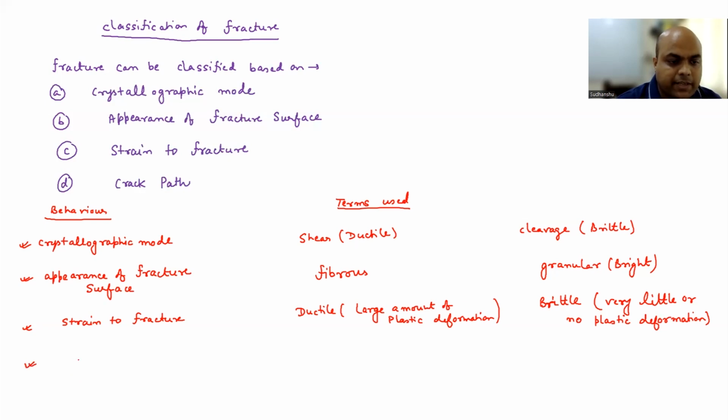And the last one is crack path. So you already have generated a crack. Now how is this crack propagating under applied stress? That will determine the classification of fracture. In this case, we have either transgranular or intergranular.